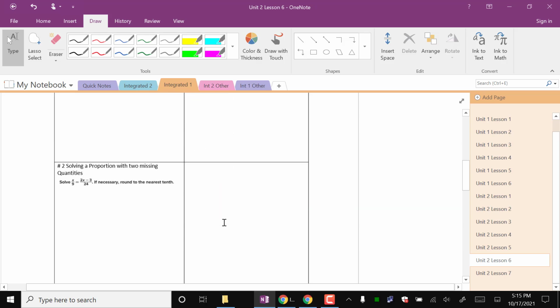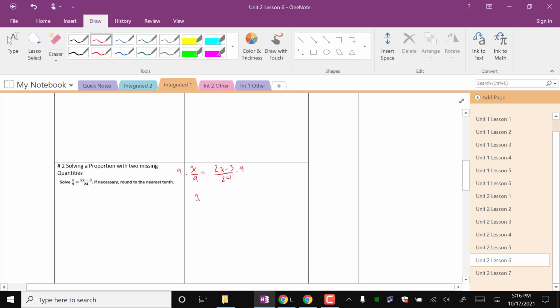So now let's take a look at our second example. Our second example is we want to solve x divided by 9 equals 2x minus 3 divided by 24. The first thing I'm going to do is multiply both sides by 9.